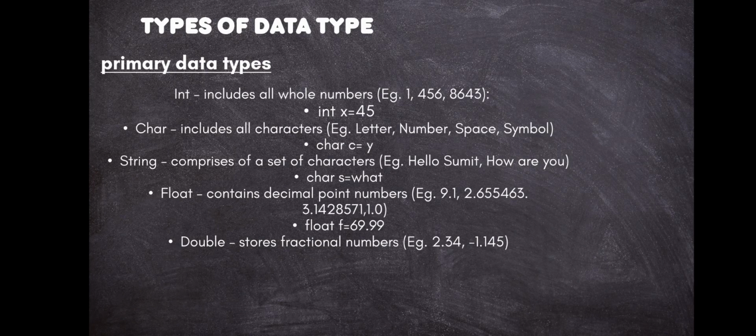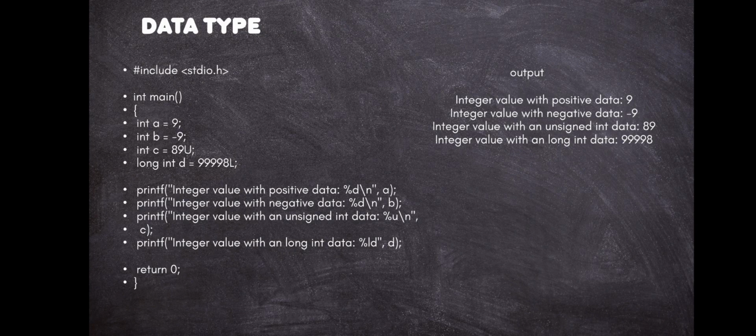An example is float f = 69.99, while the double stores fractional numbers, which include 2.34 or maybe minus 1.145.